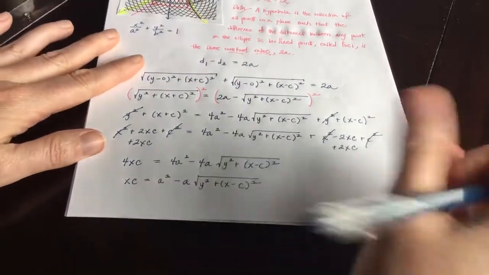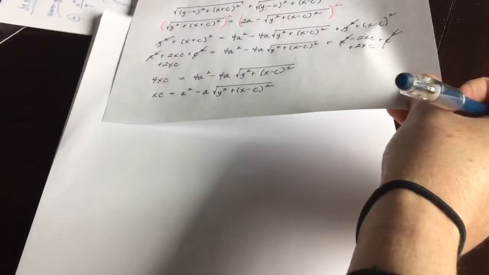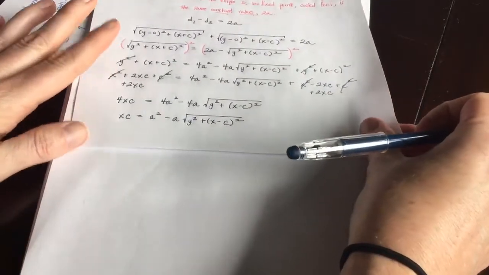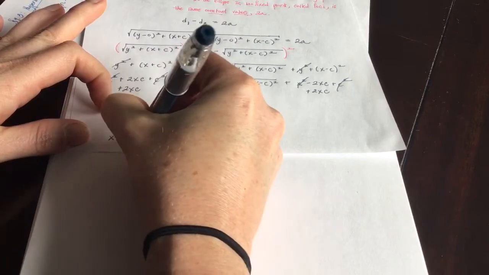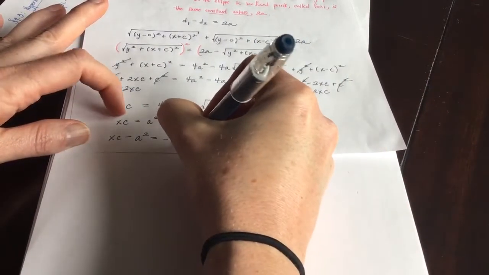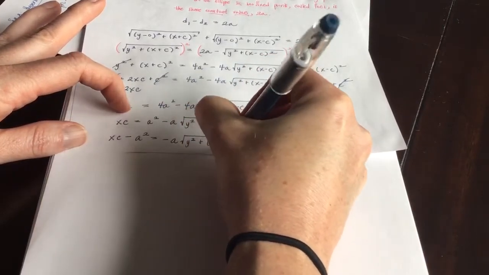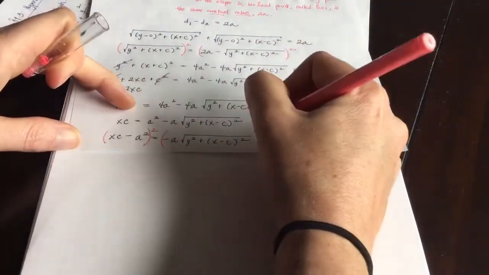I would also subtract the a squared over. And then at this point, if you square both sides, we should be able to say bye-bye to all square roots.